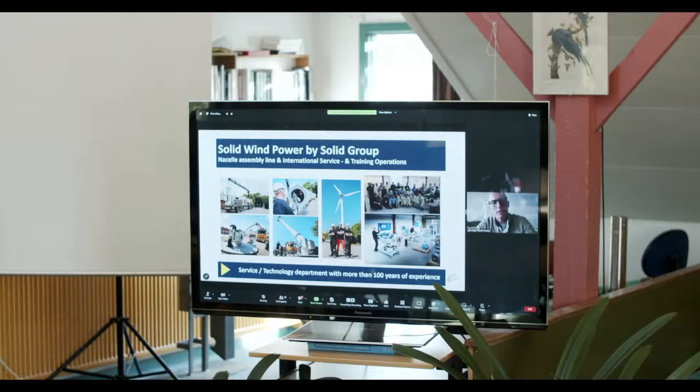Our export is carried out with local partners, which we appoint and develop by ourselves. We do train them in terms of the commercial aspects, in terms of selling, but also for sure in the operational aspects, being how to build the foundation, and how to install and how to service the turbine.